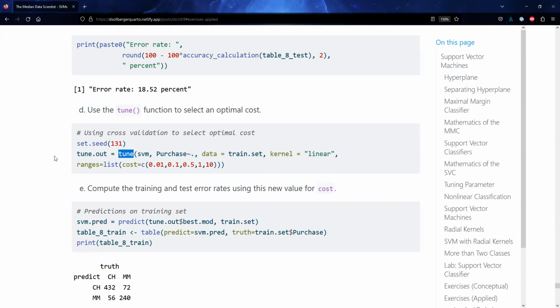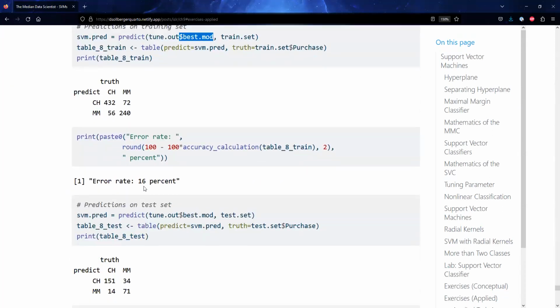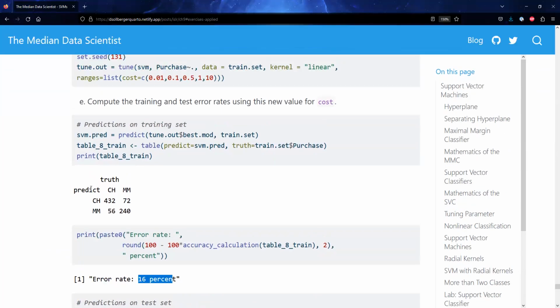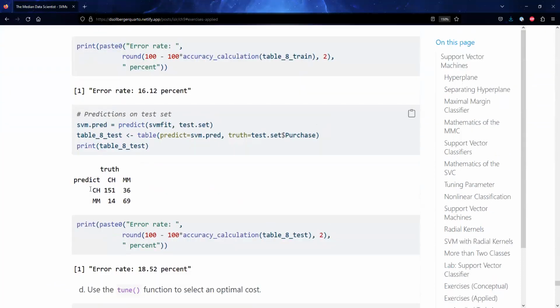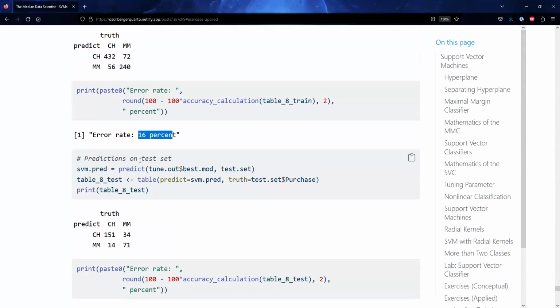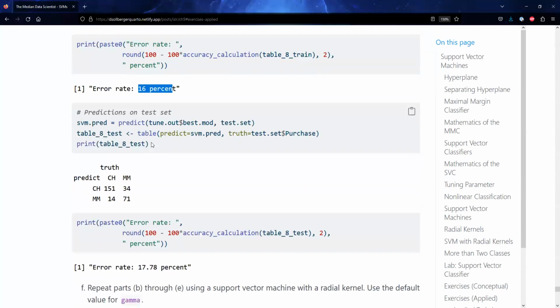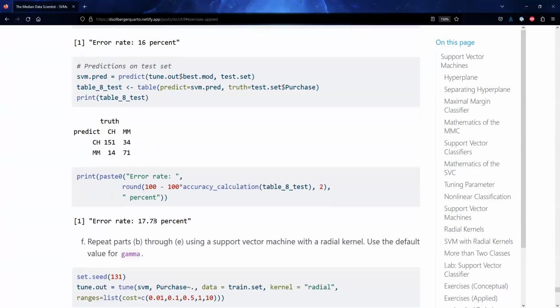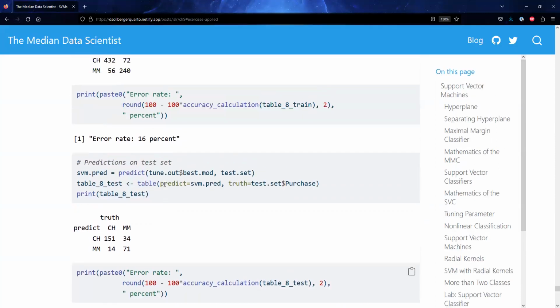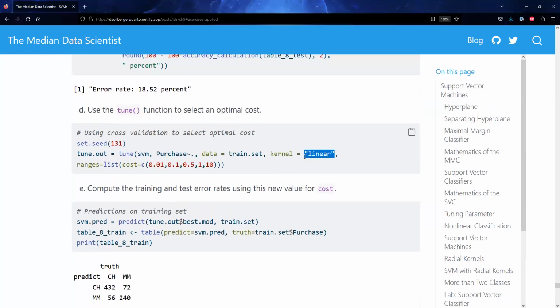And now looking at the best model, on the training set, the error is slightly decreased down to 16%. On the testing set, slightly decreased down to 18%. And so far in part E, that was on a linear kernel.